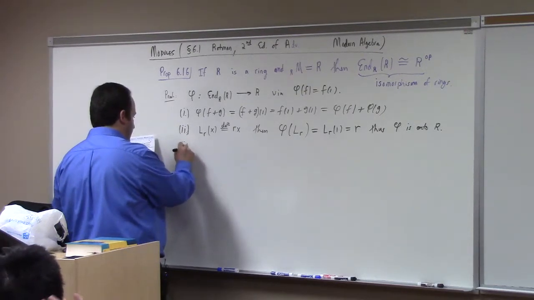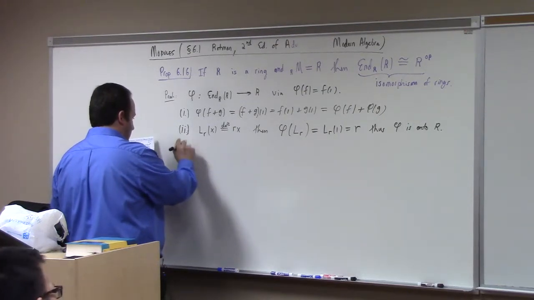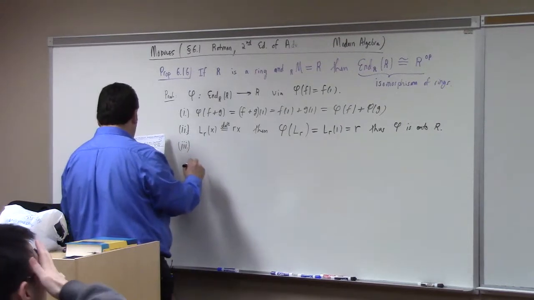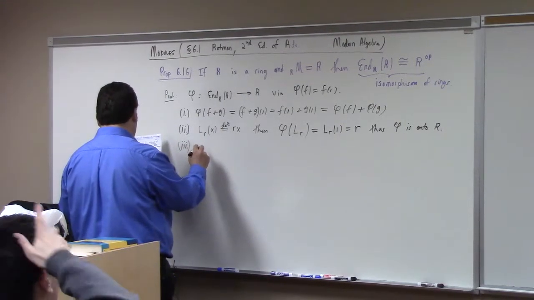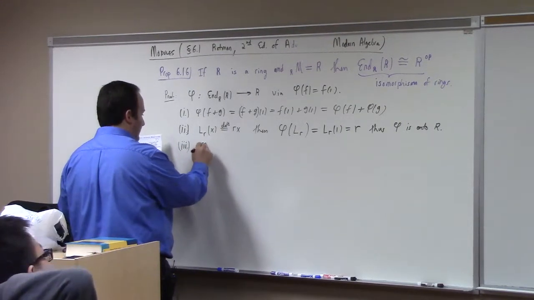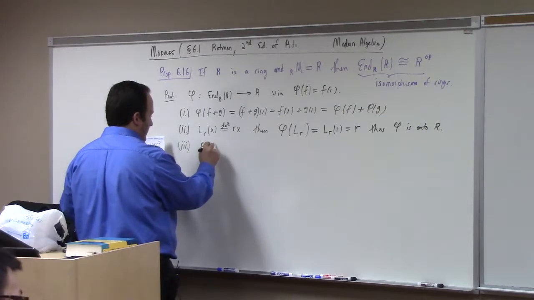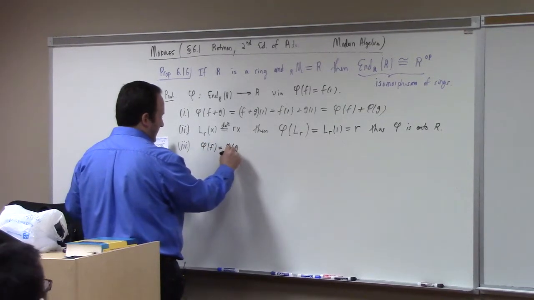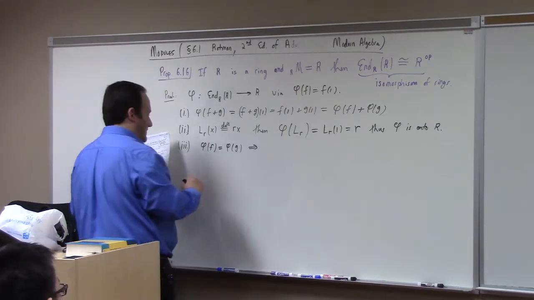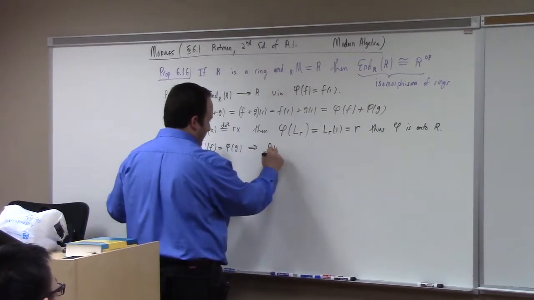Now, phi is injective: if we have phi of f equal to phi of g, what's that say? That says that f of 1 is equal to g of 1, right?